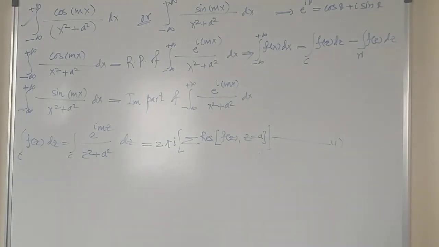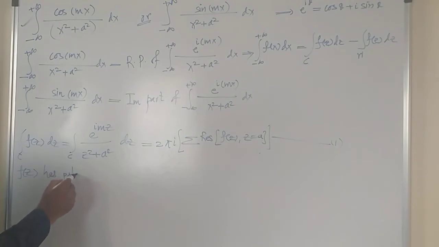Now let's find out the residue of this function. Before finding the residue of the above function, let me write that f of z has poles. How are poles calculated? Poles are calculated by equating the denominator to 0.